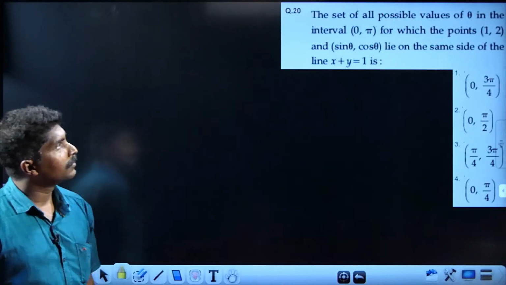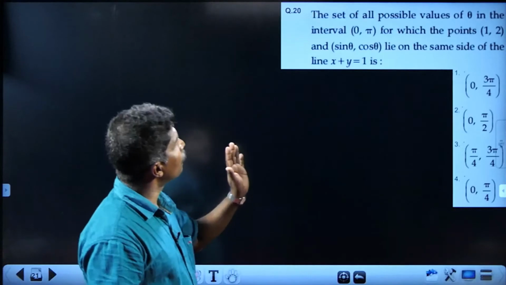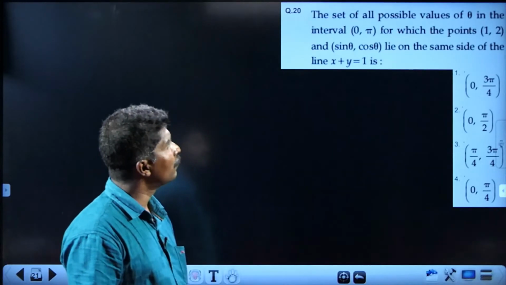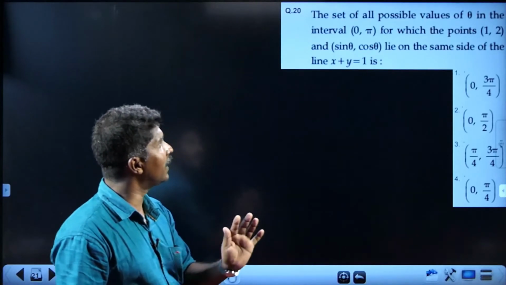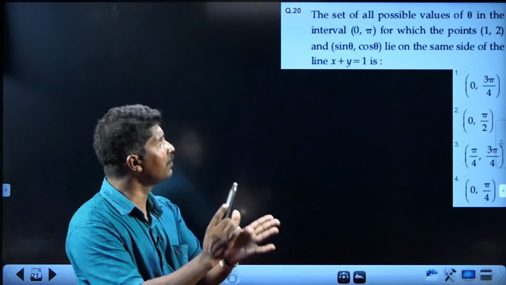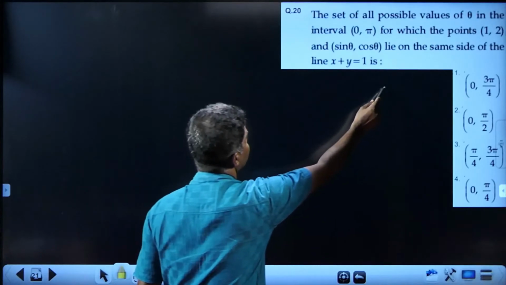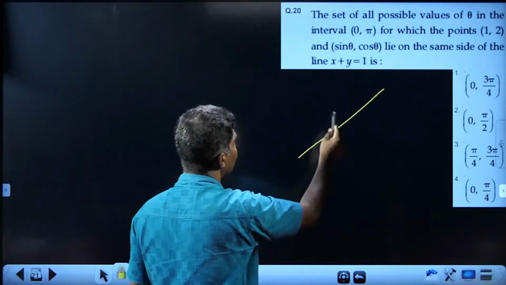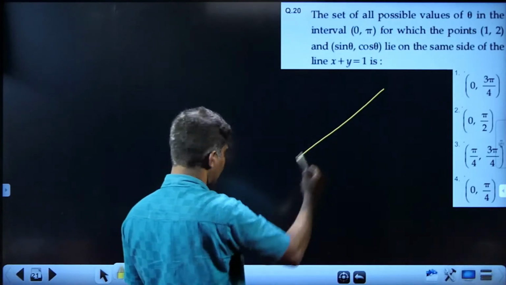Question number 20. The set of all possible values of theta in the interval 0 to pi for which the points (1, 2) and (sin theta, cos theta) lie on the same side of the line x plus y is equal to 1. Suppose that is a line, actually this is not, x plus y will be like something like this, of course.